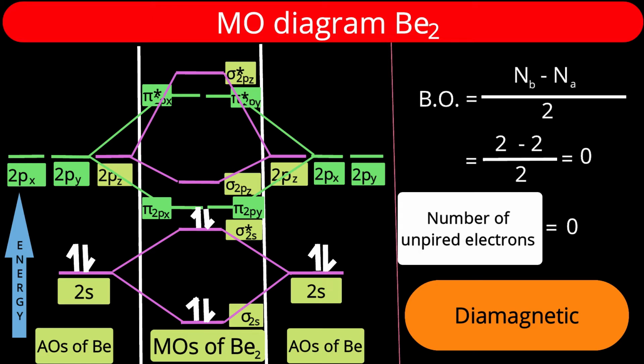Bonding orbital, because of the constructive interference, because of the positive overlap integral, decreases in energy. And antibonding orbital, because of destructive interference, because of negative overlap integral, increases in energy. So sigma 2s and sigma star 2s are the two molecular orbitals resulting from the combination of two atomic 2s orbitals.